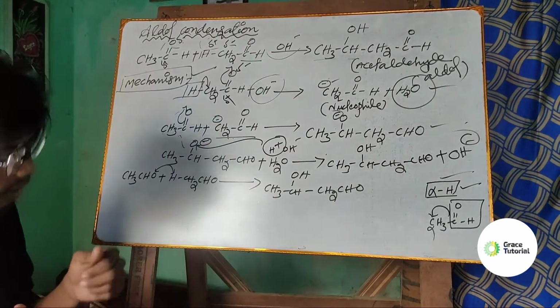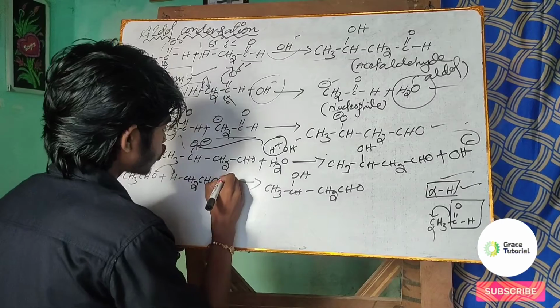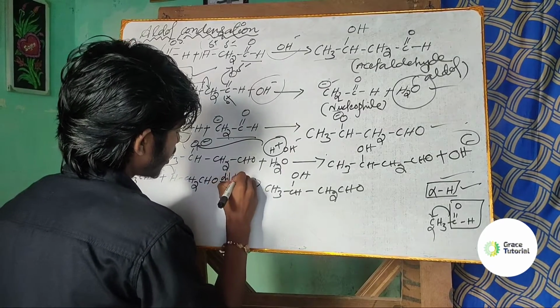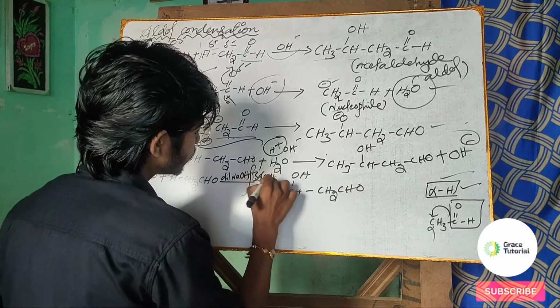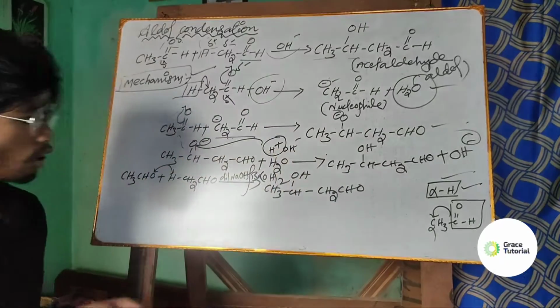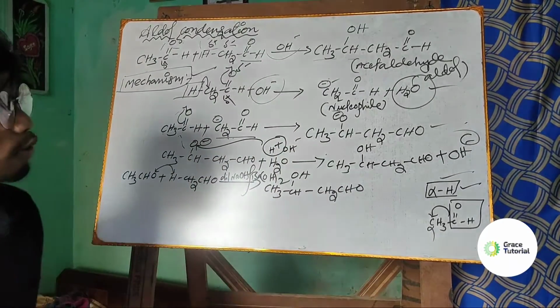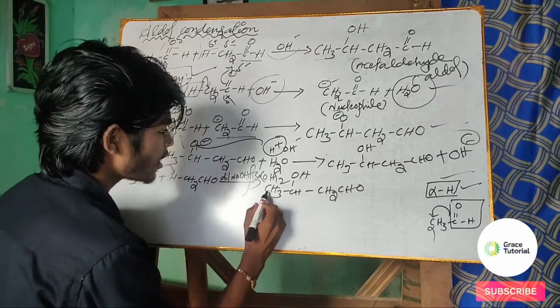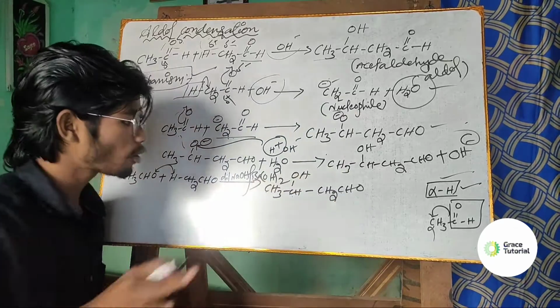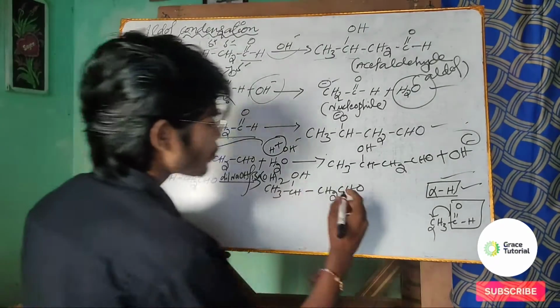So what is the name of this compound? And here we need to mention dilute NaOH, or we can say barium hydroxide. The name of this compound is 1, 2, 3. That means 3 hydroxy, 1, 2, 3, 4, 4 carbons are there. So 3 hydroxy butanal.